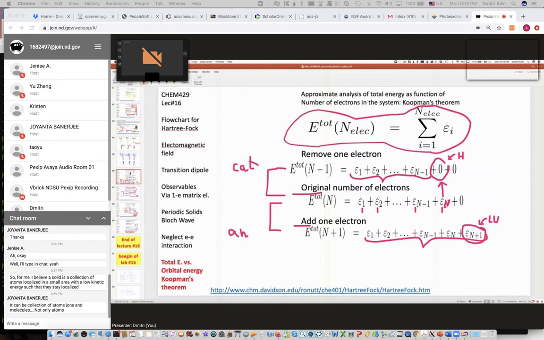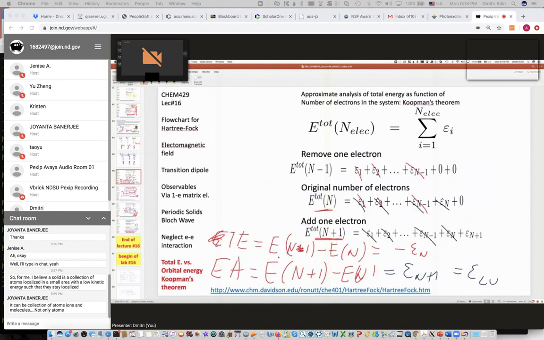So if I subtract the energy of the anion and the energy of the neutral, I will get this difference. So it will be minus the energy of the last electron, or minus the energy of the HOMO.